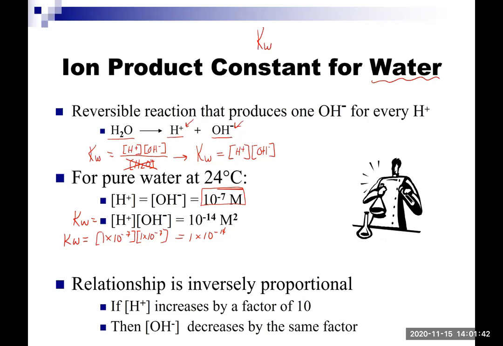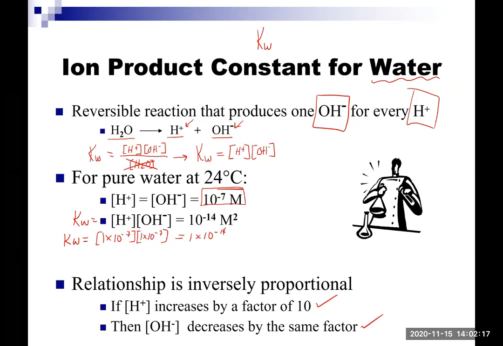So we have a constant that is equal to Kw that we can use when we do quantitative calculations that are associated with our concentration of OH minus that we have in solution versus our concentration of H plus. And because this is an inverse relationship, if H plus concentration increases by a factor of 10 because we add more acid to our solution at room temp, then the OH minus concentration is going to have to decrease by the same factor.